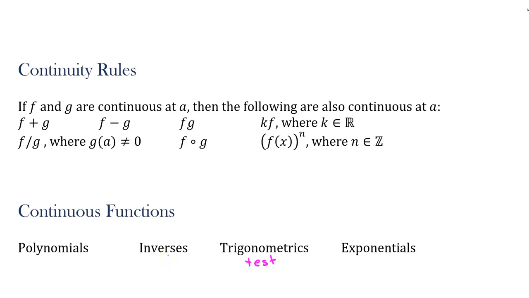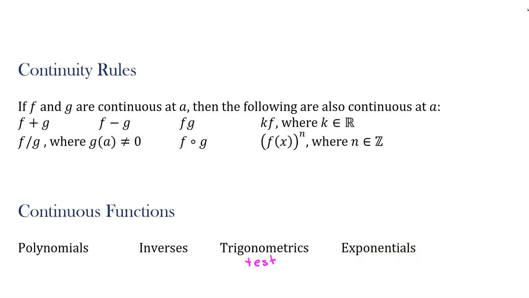So if f is continuous, then its inverse is continuous. That is true. Exponentials and logs are continuous, but only where their domain is continuous as well. So be careful there. If they say all x, well, not so much. But if they isolate their x value, they are, and it does work.